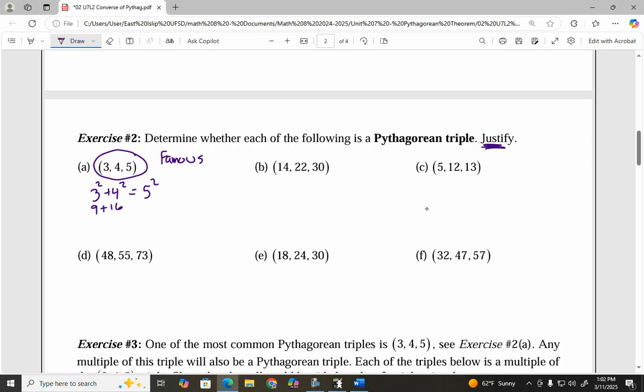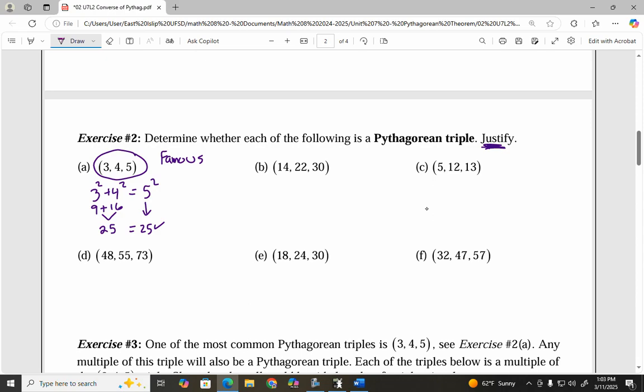I'm just going to do 9 plus 16, which turns out to be 25. And guess what 5 squared is? It's also 25, right? So 3, 4, 5 is the most famous one because actually it's the only 3 consecutive whole numbers that work in the Pythagorean theorem. 3, 4, 5, right? They're consecutive. There's no other consecutive numbers that will work in the Pythagorean theorem.